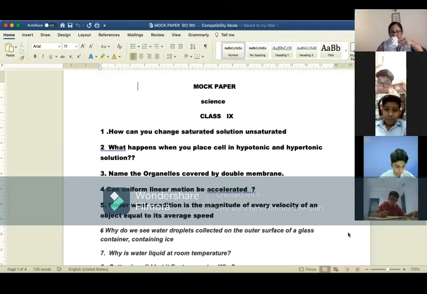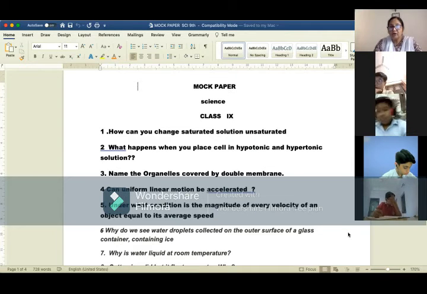Ma'am, this has to be done in the fair copy? Yes, beta, in the fair copy only. All of you do it in your fair copy. Write appropriately.